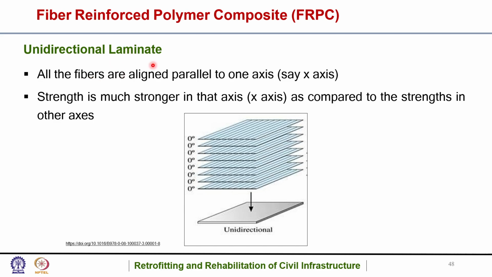In a unidirectional laminate, all the fibers are aligned parallel to one axis, say the x-axis. Strength is much stronger in the x-axis compared to the strengths in other axes. Because the fibers are in one axis and stacked in a particular direction, it is unidirectional.